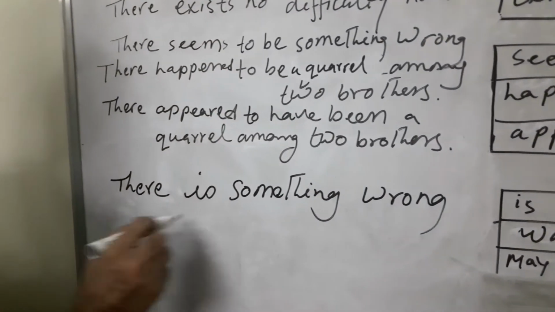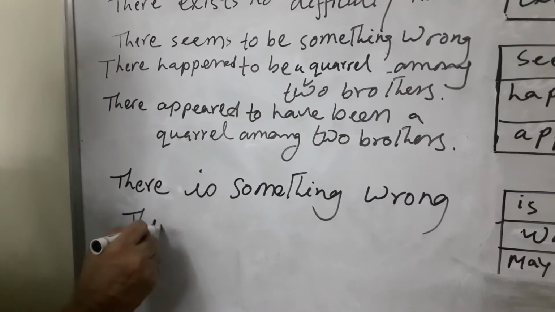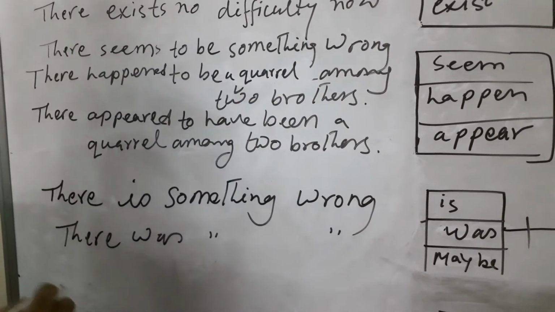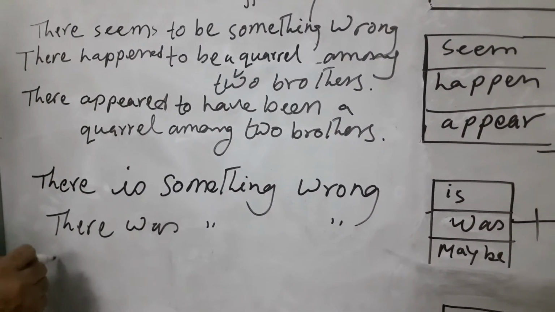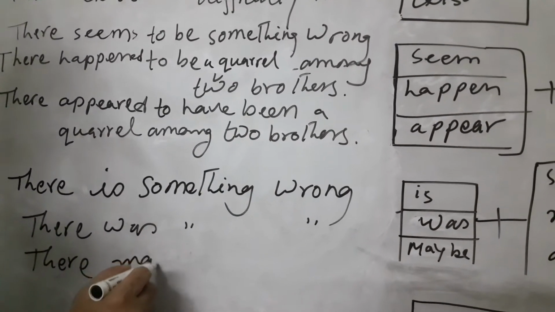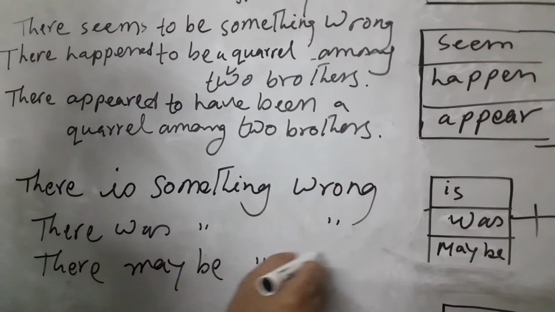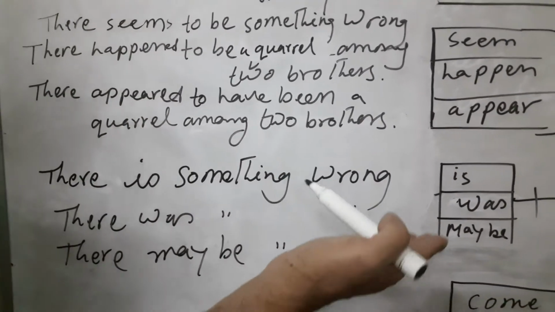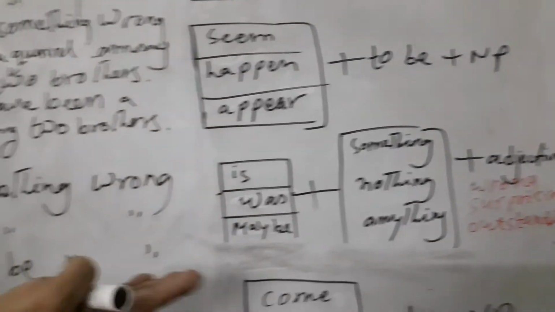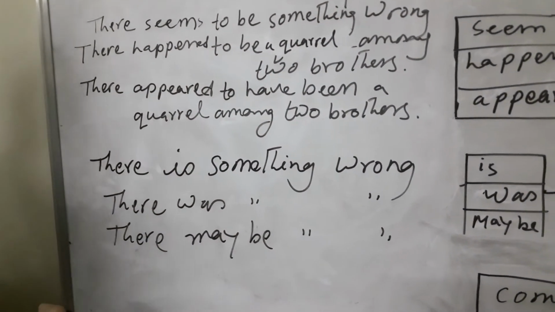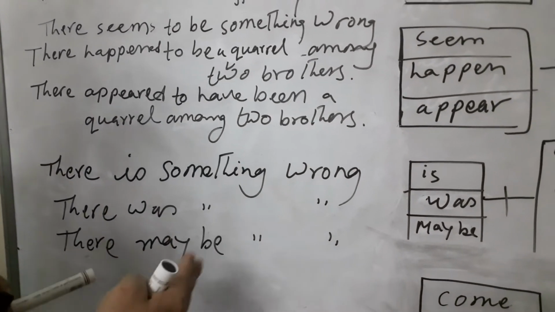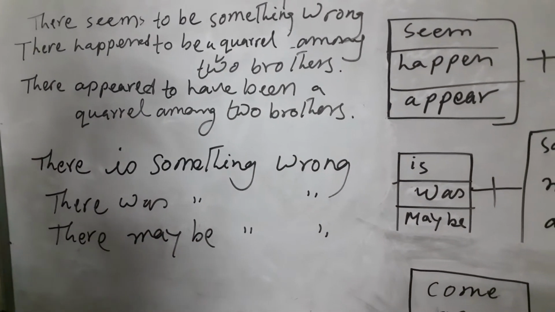Or you can say there was something wrong. Or there may be something wrong. And also you can use nothing. There is nothing wrong. There was nothing wrong. There may be nothing wrong. So you can also use other to be verbs here.